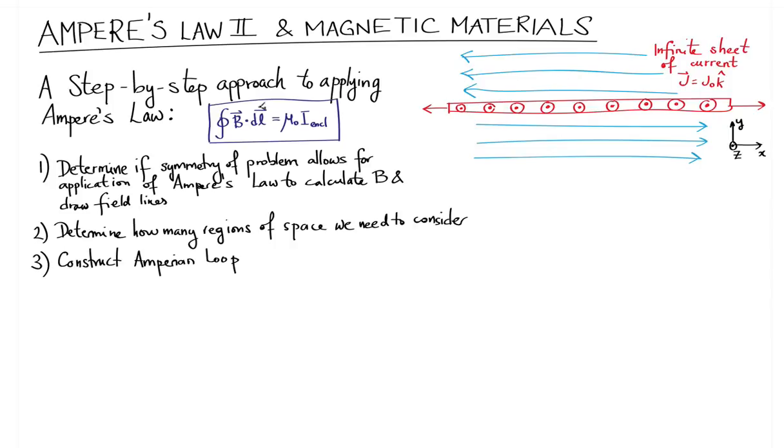If B and dl were perpendicular, the contribution to that part of the integral is 0. It's very much like when we were constructing Gaussian surfaces, where we wanted sides where the electric field was either punching out exactly perpendicular, or parallel to the Gaussian surface, so the contribution was 0. Same strategy for the Amperian loop.